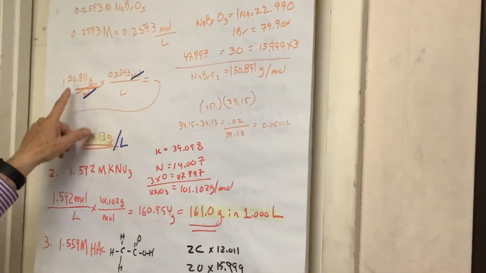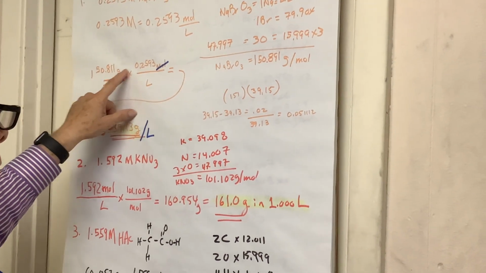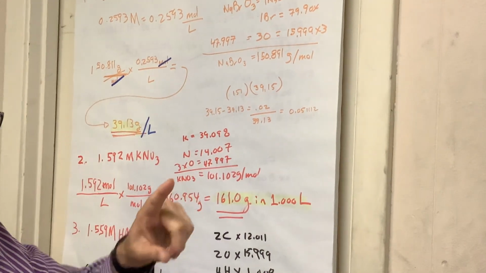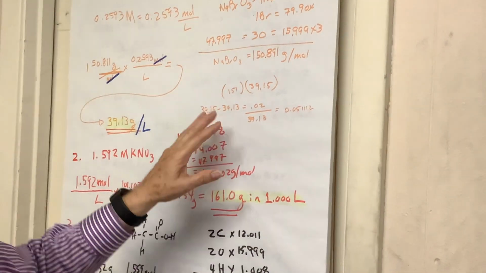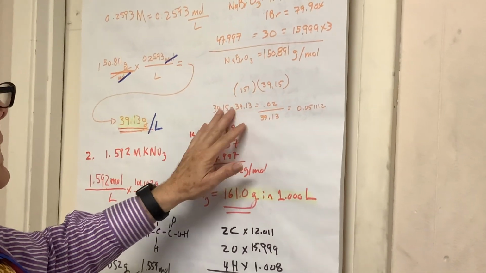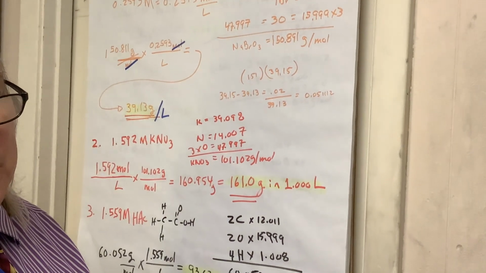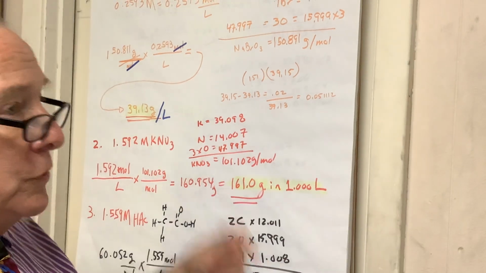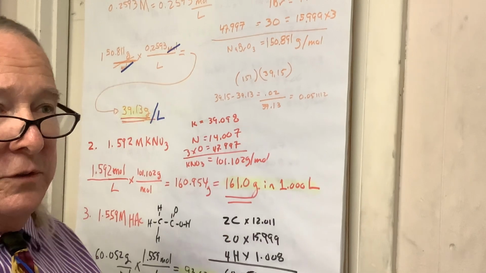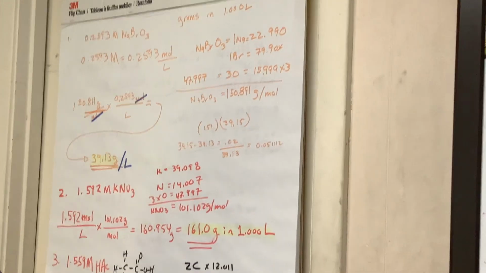And when you multiply that 151 instead of 150.891 times 0.2593, I just want to make a point about accuracy and precision. What you end up with is not 39.13, but 39.15 grams. If you want to do this, carbon's 12, nitrogen's 14, oxygen 16, sodium is 23, bromine is 80.